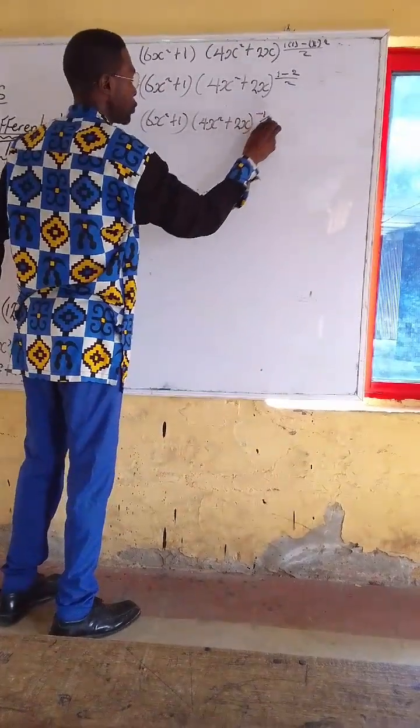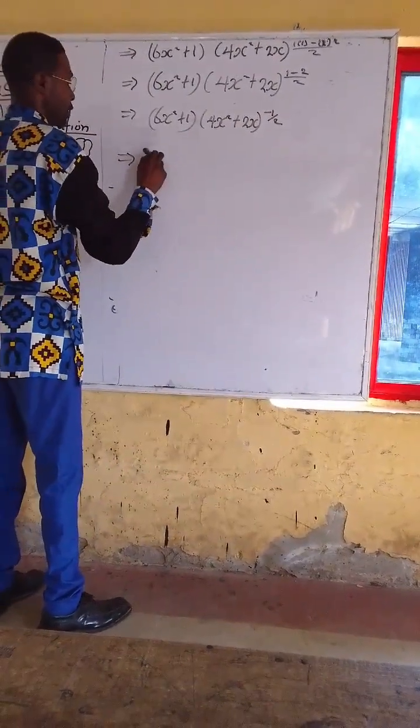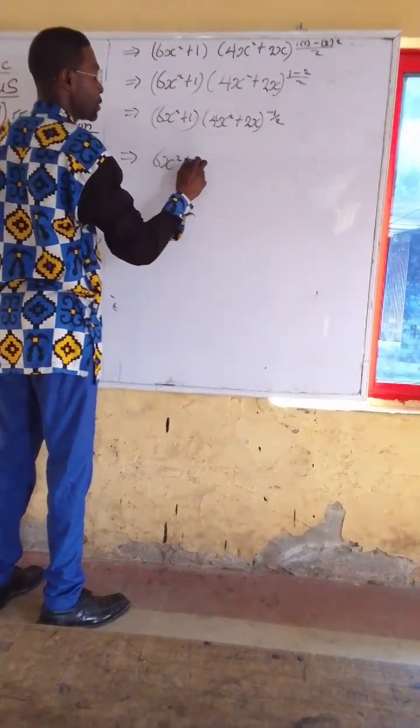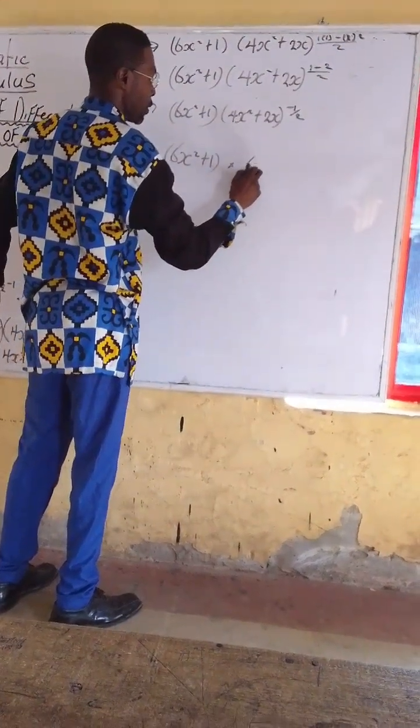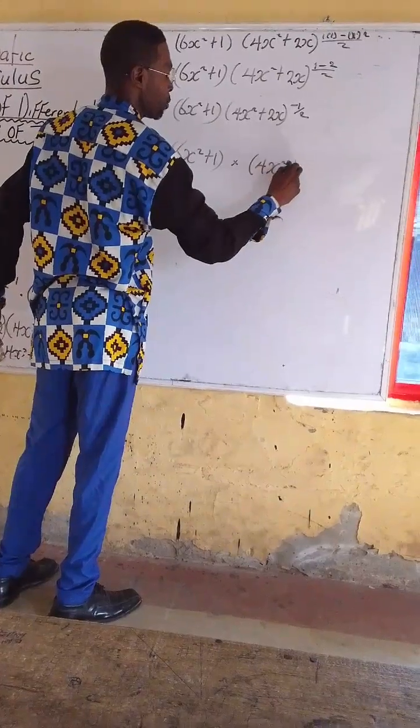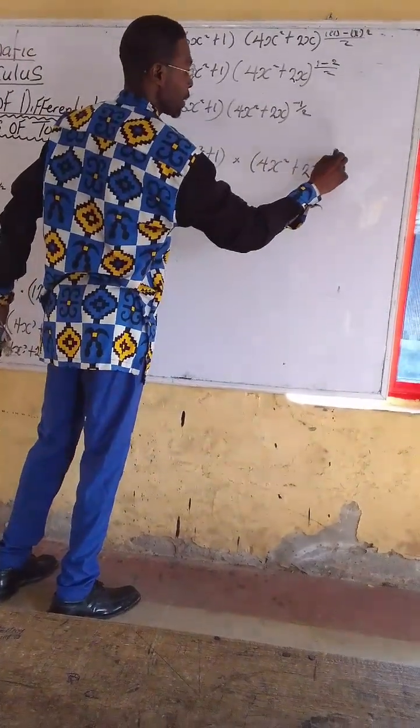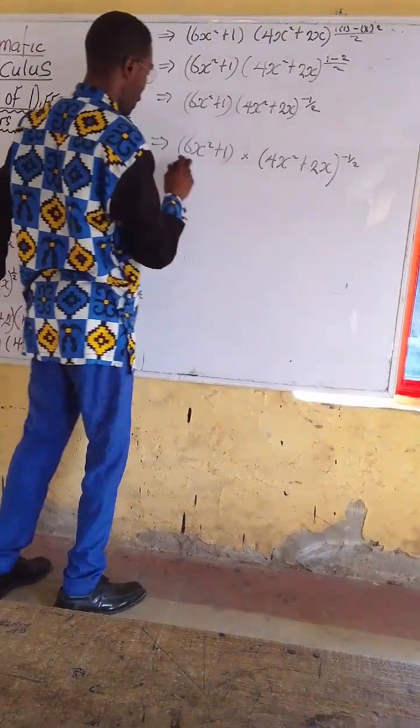Minus 1 over 2. Then you must recall that 6x squared plus 1, this one can also be separated as 4x squared plus 2x in bracket, minus 1 over 2.